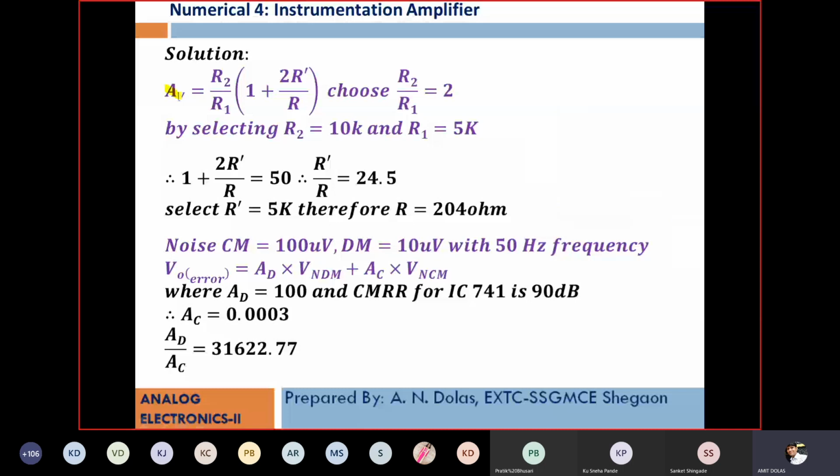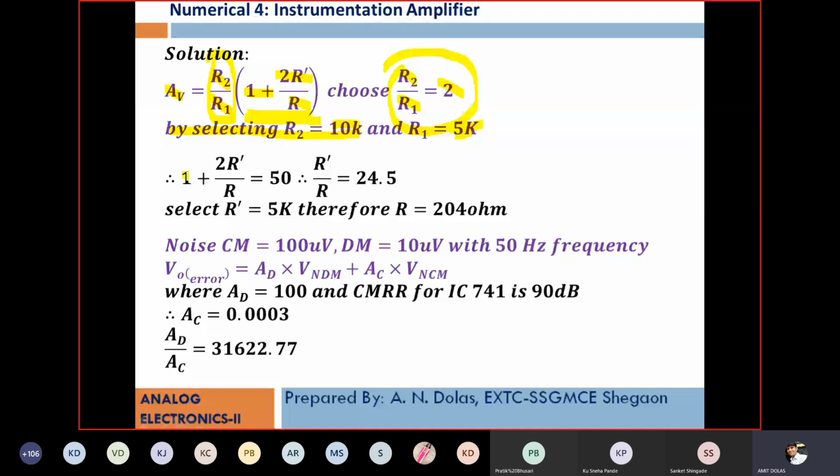Solving for the gain, AV is equal to the complete formula R2 by R1, which is the differential gain of the third stage, into 1 plus twice R dash upon R, where I am choosing R2 by R1 equal to 2. So this value 1 plus twice R dash upon R will be equal to 50. By selecting R2 equal to 10K and R1 equal to 5K, we have R2 by R1 equal to 2. Now AV is equal to 100 and R2 by R1 is equal to 2.